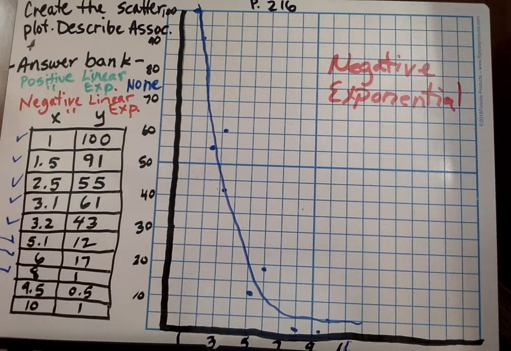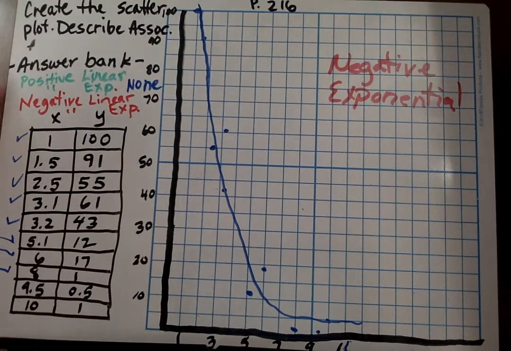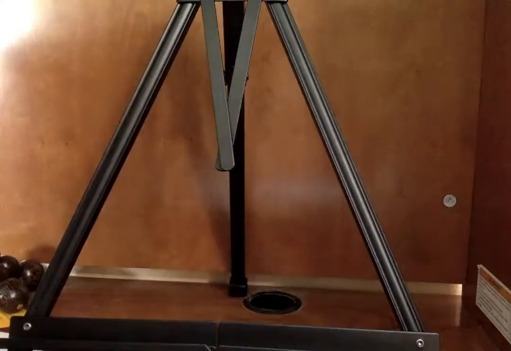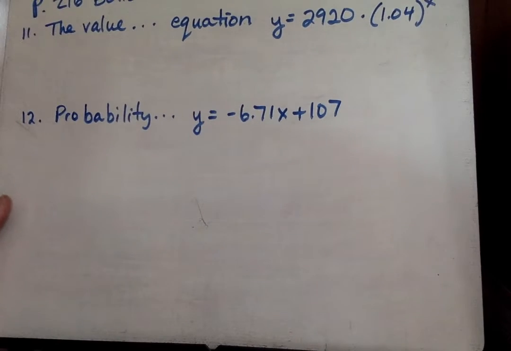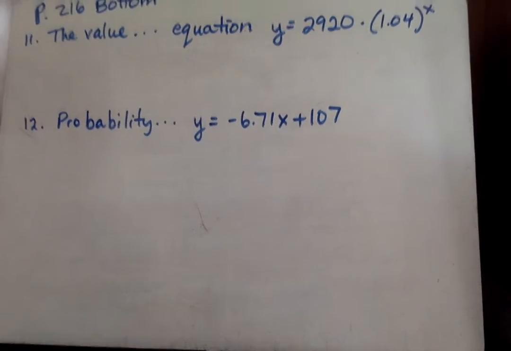Now, I also want to talk about the wording at the bottom. Determine association from a regression model if you have the equation. So 216 at the bottom.